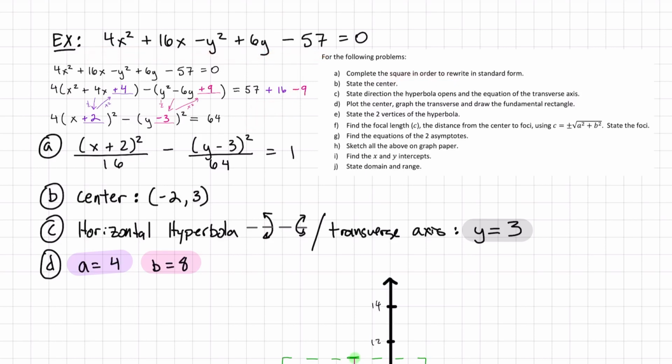Then determine which direction it opens, what's the center, then figure out your a's and your b's to plot your fundamental rectangle. Then just graph the lines that go through the corners of the fundamental rectangle to get your asymptotes, and then at your vertices, just swoop it and you're done.